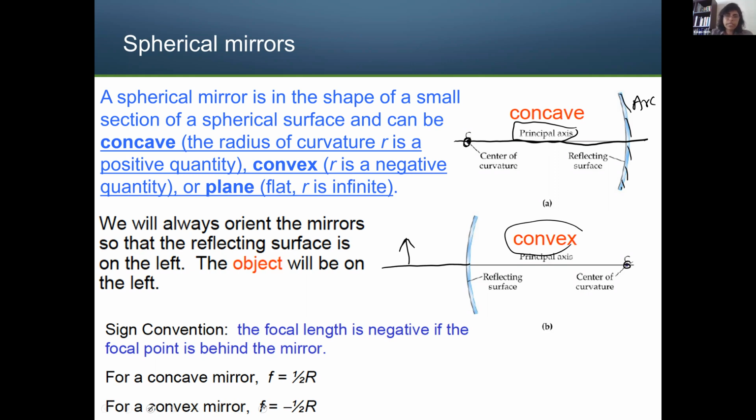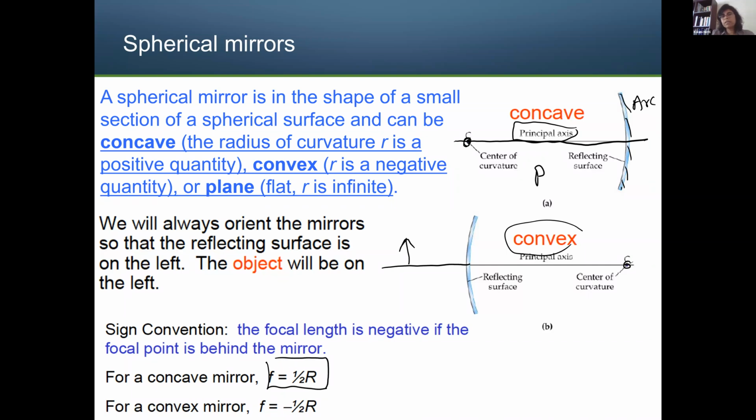But before moving into that, there is a point we call the focal point. The focal point is basically where all the light is focused into one point when you send parallel light to the mirror. Experimentally, we can find out that this focal point is exactly half of the radius.